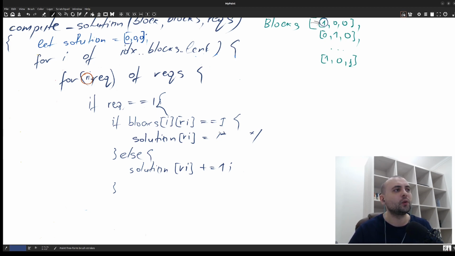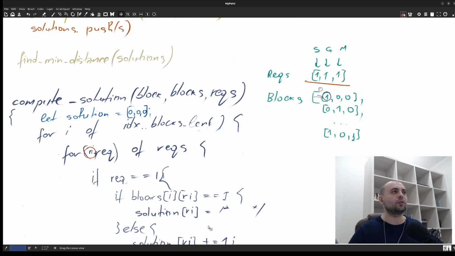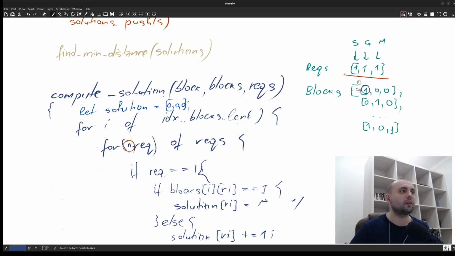So probably we need to do something like this. Maybe instead of having this data structure, we can change it a little bit to make it a little bit more complex. So we can create an array of tuples. So for example, the first element of the tuple will be the distance part. The second, the Boolean, if we found a solution or not.